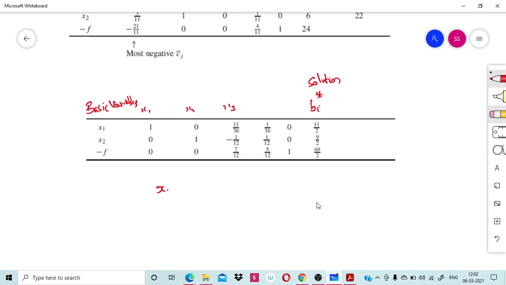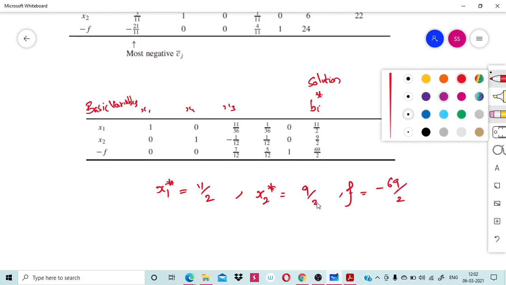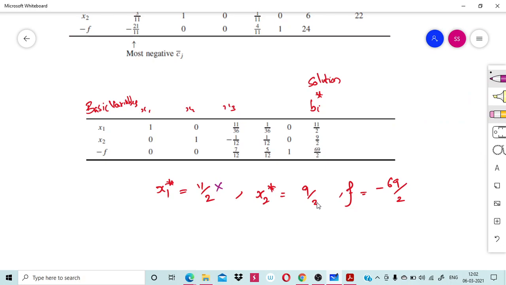So x1 star we got as 11 by 2, x2 star as 9 by 2, and f is equal to minus 69 by 2. So our conclusion is that we cannot take 11 by 2, 9 by 2 is also not possible, and this f is also not possible.